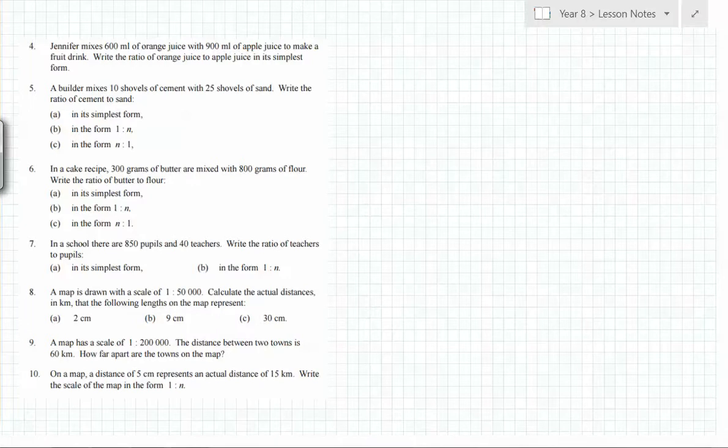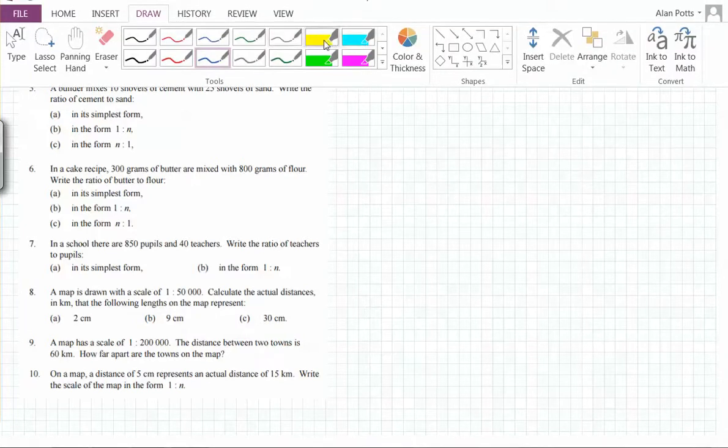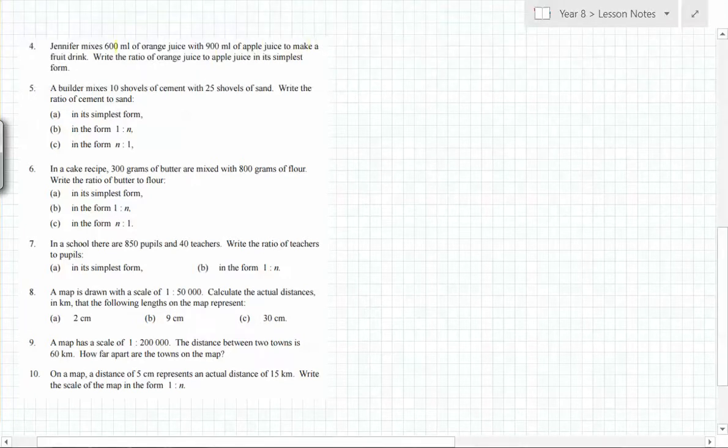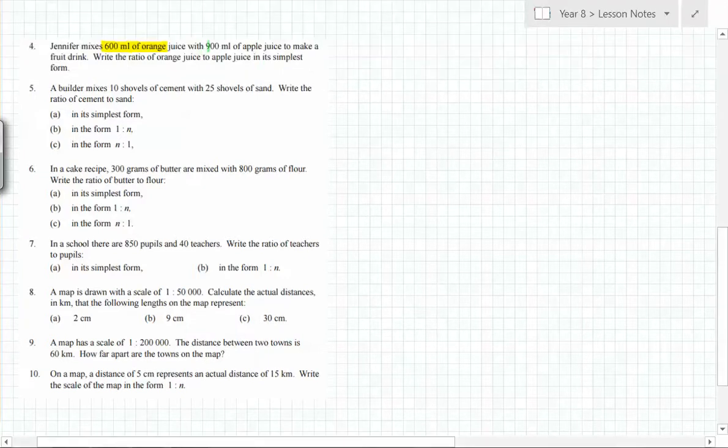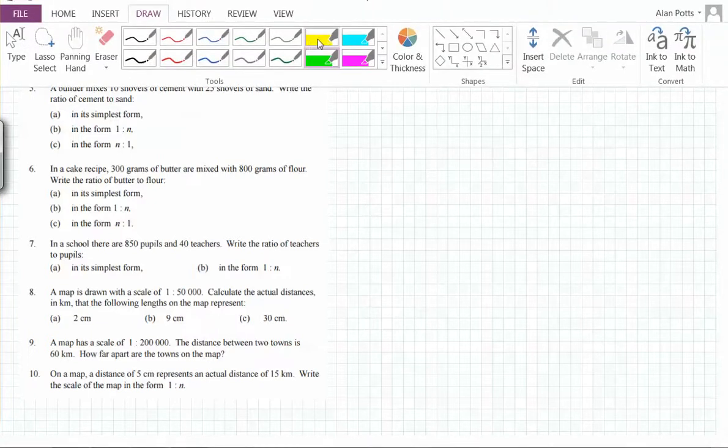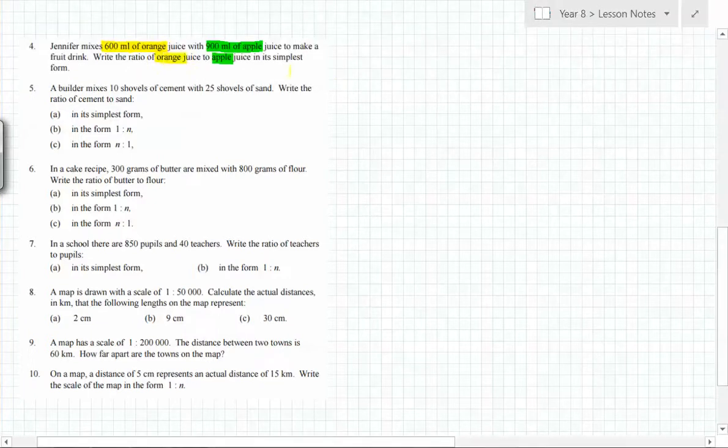Now, one thing I will tell you, and it does matter, is it's 600 millilitres of orange, okay, and then we have 900 millilitres of apple, and we have to make sure this question's done nicely, but it's ratio of orange to apple. So we've got to get it the right way around. Alright, does that make sense? So if it said apple to orange, you'd have to write the ratio the other way around.